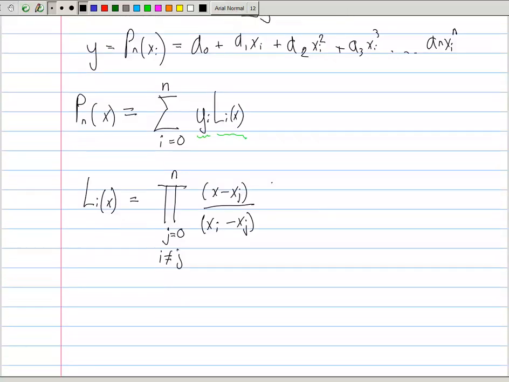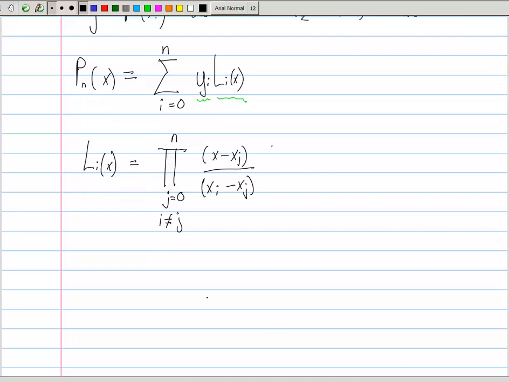So if I break this up, I'm going to just show you what it looks like below. We would end up with x minus x0 divided by xi minus x0, multiplied by x minus x1 over xi minus x1, multiplied by... Okay, actually the multiply is going to get confusing.